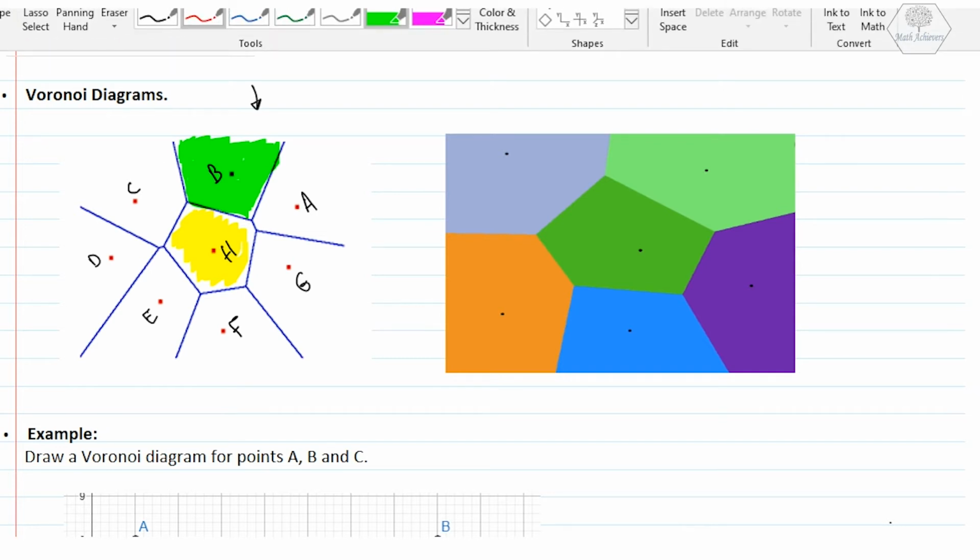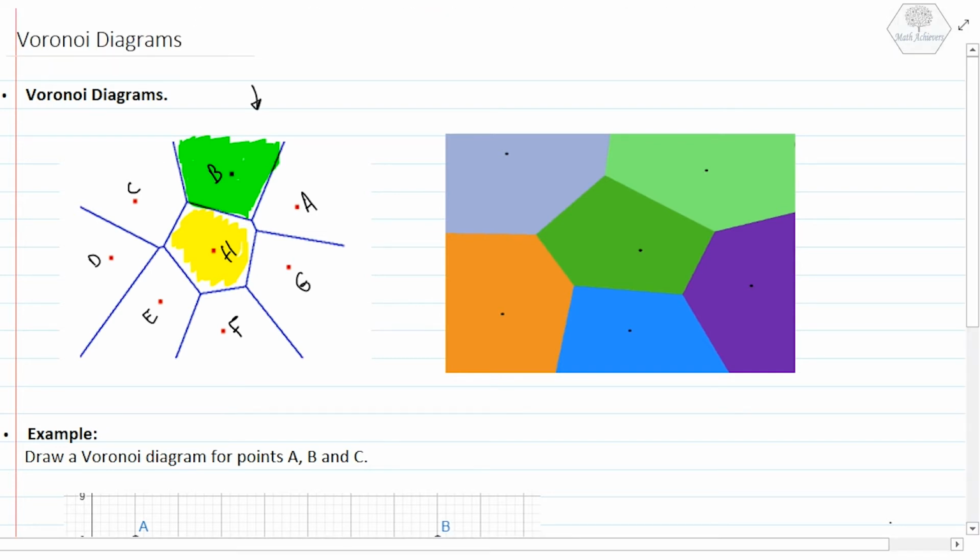Another Voronoi diagram is already shaded, is this Voronoi diagram. You can see clearly that any point in the orange area is closer to this site than any other site.